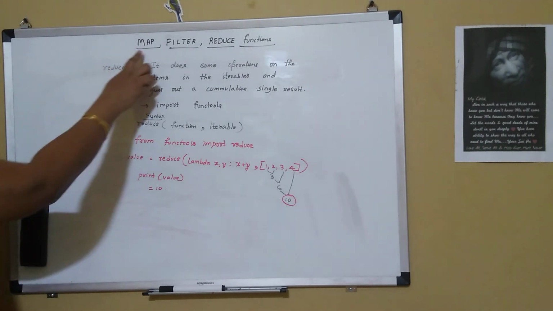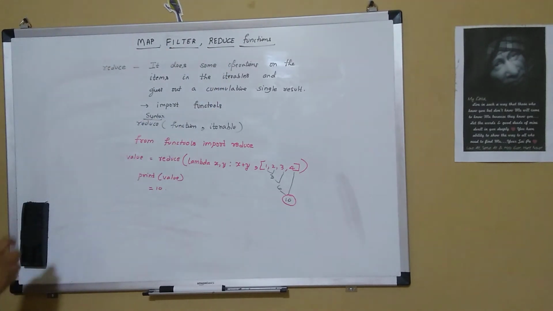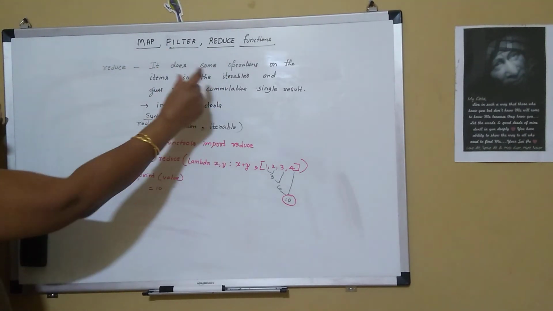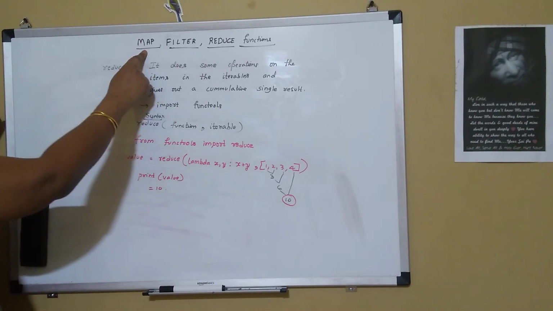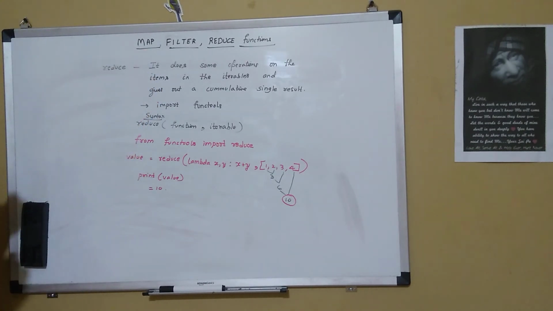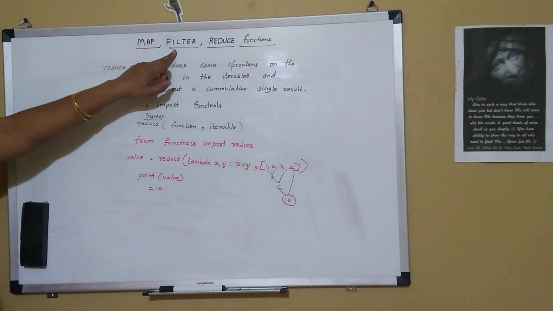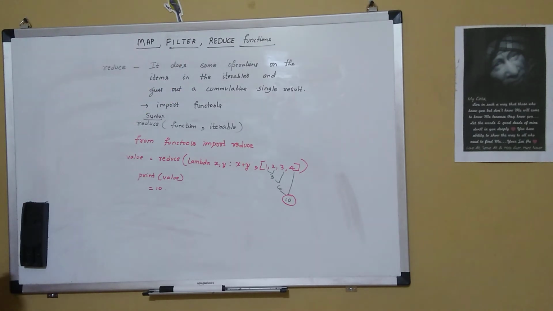So we saw map, filter, reduce. Map applies a function to each and every item in the iterable, so when we want to apply a function to each item, we can go for the map function. Filter removes the unwanted items from the list, so in such scenarios we can go for the filter built-in function.